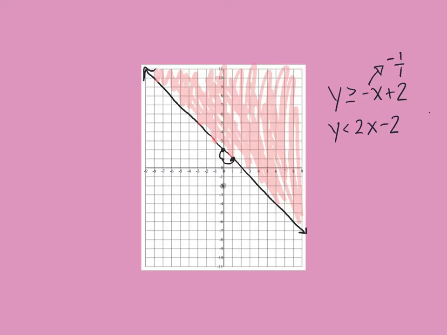Oops, let me use my pen instead of my highlighter. Then the slope is 2/1, rise 2, run 1. And this time I will connect with a dashed line because it is not equal to, it is only greater than. And on this one, y is smaller, so I will shade below the line.